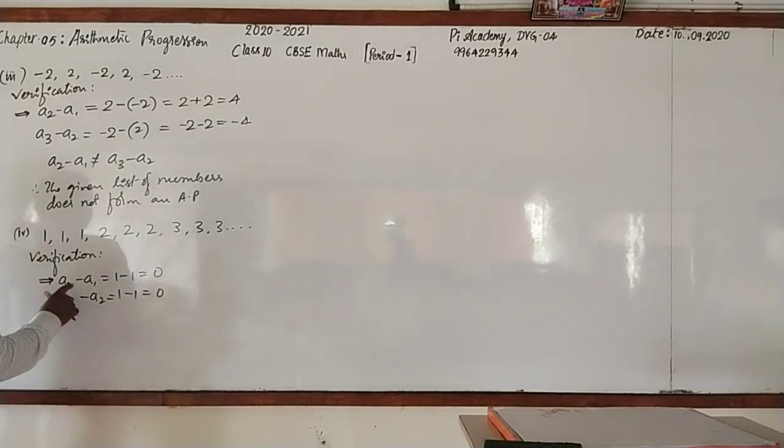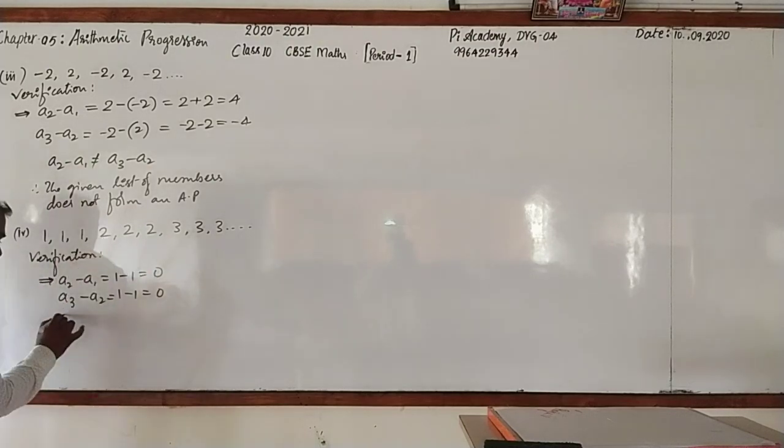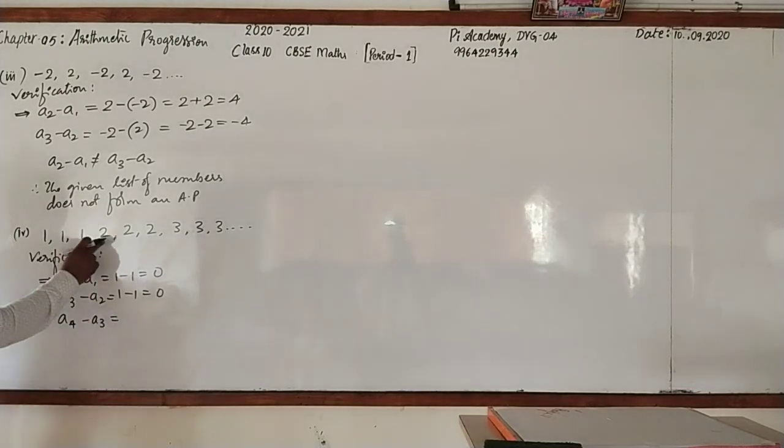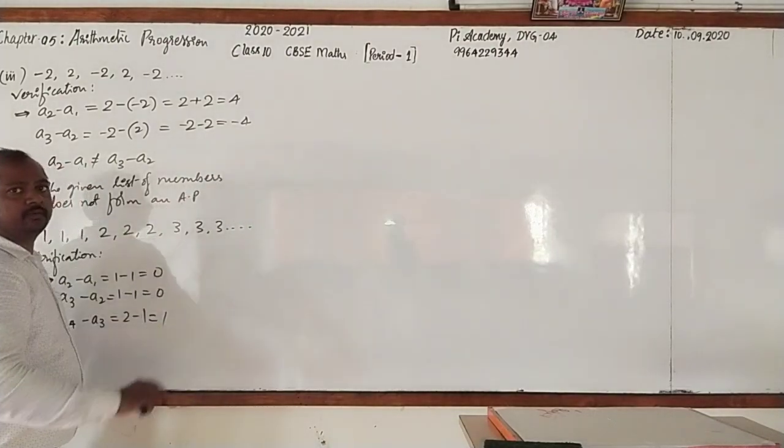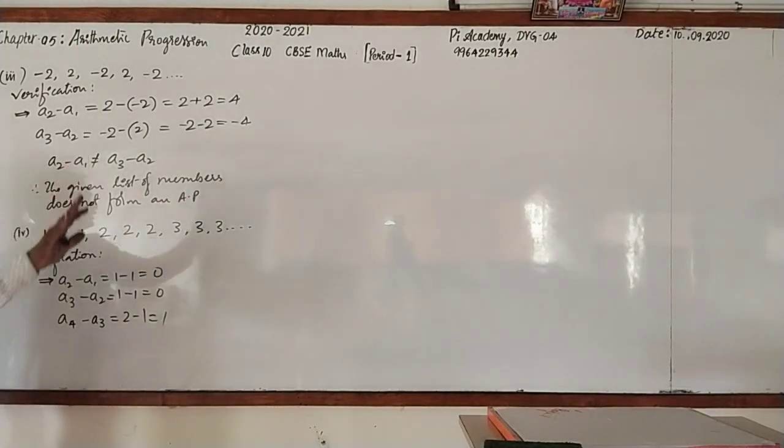But observe, in this case, as every 3 terms are the same, this much is not enough. And so I go for taking A4 minus A3. What is A4? A4 is 2, minus A3 which is 1. 2 minus 1, 1. Followed? Here, if this condition holds good for all the terms, then only it forms an AP.